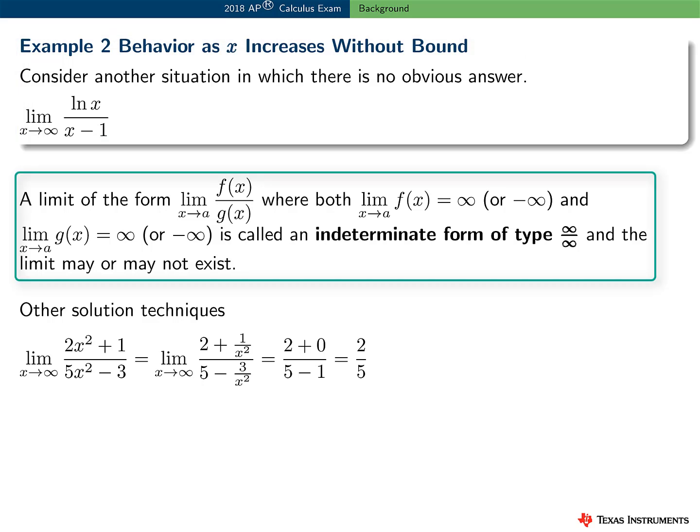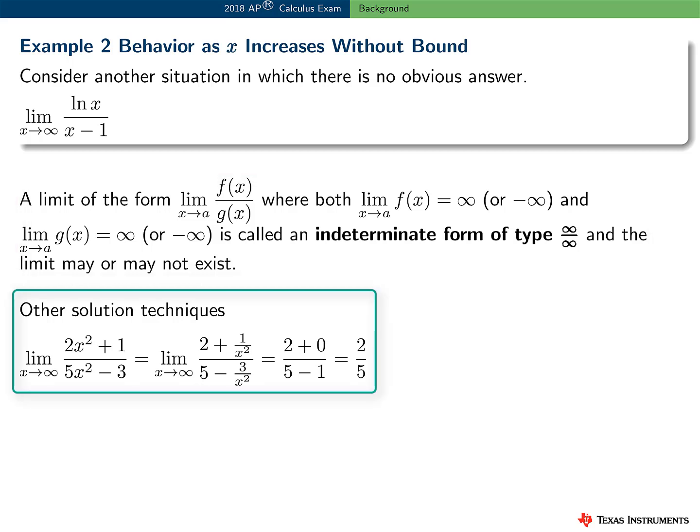In general, a limit of this form, where both f of x goes to infinity or minus infinity, and g of x goes to infinity or minus infinity, is called an indeterminate form of type infinity over infinity. And this limit may or may not exist. Some limits of this type can be solved using existing solution techniques.